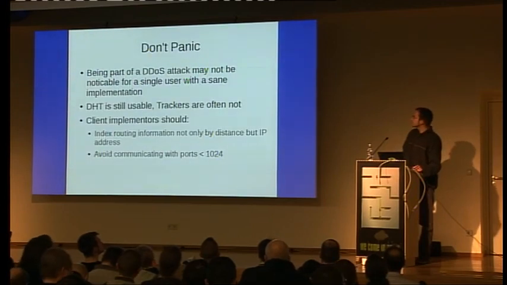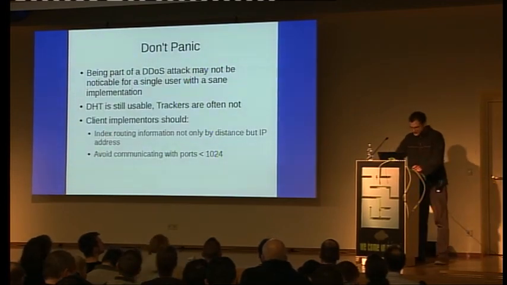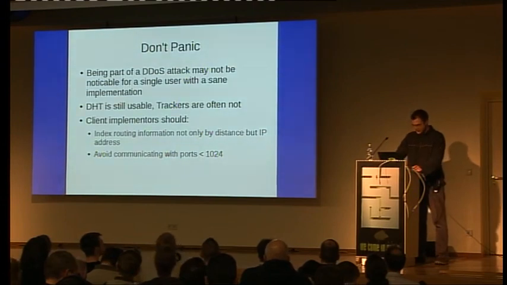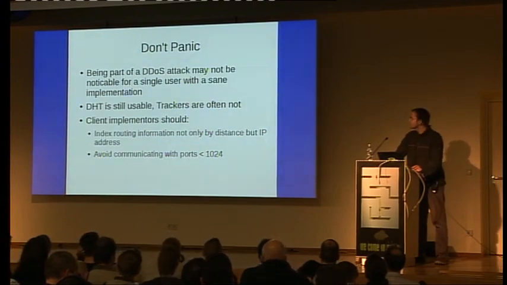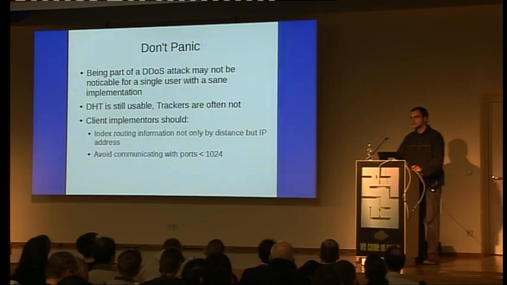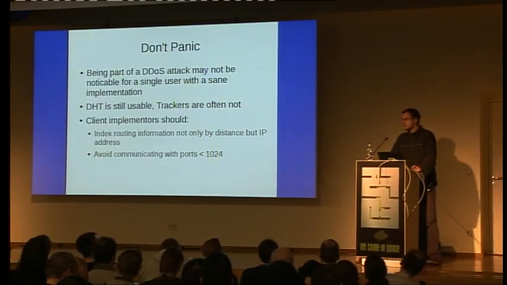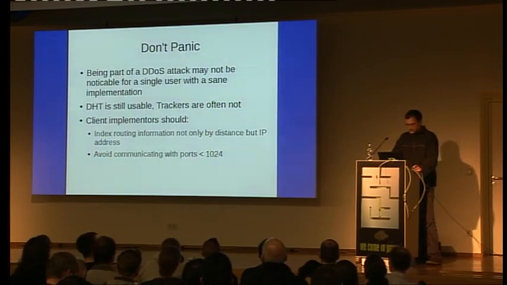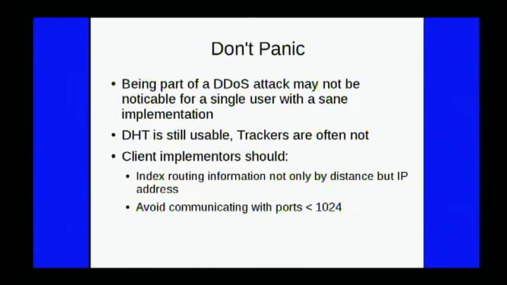So does this mean you should panic and turn off the DHT? I don't think so. Not all the nodes are sending all the time. For you as an individual DHT node, it won't matter if you send like one UDP packet each 10 seconds. Well, there are some clients which start to send a lot of packets, but that should be fixed, of course.